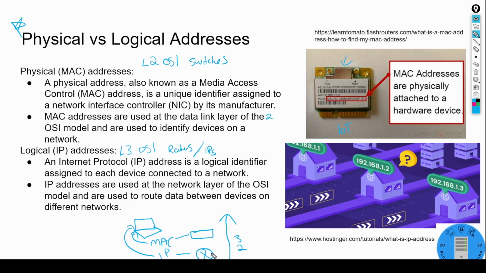It follows different hardware and protocols at each layer to learn how to structure your data in your forms of ones and zeros to be sent across the network. We're going to talk a lot about MAC addresses and IPs, but just from this slide, know that if we're talking about a physical address, we're talking about a MAC address. And if you're talking about a logical address, you're talking about IP as your IP for your device.